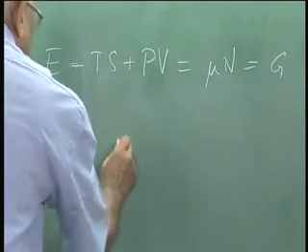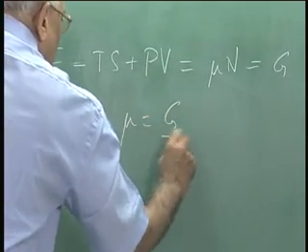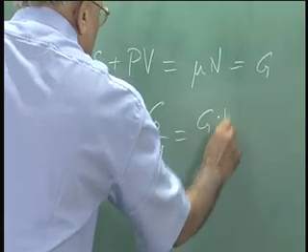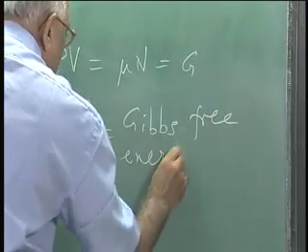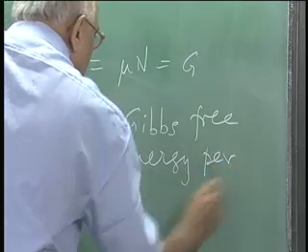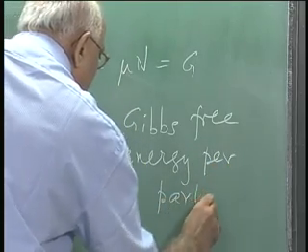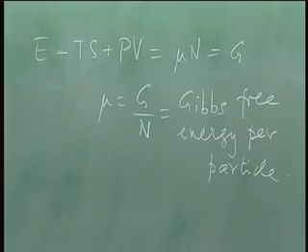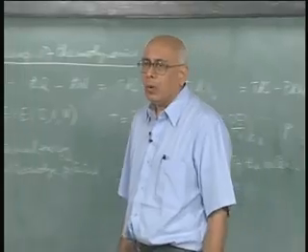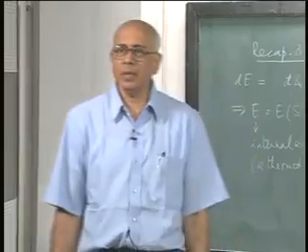This immediately implies mu is equal to G over N, the Gibbs free energy per particle. That is a simple way of remembering the physical meaning of the chemical potential. It is in fact the Gibbs free energy per particle.